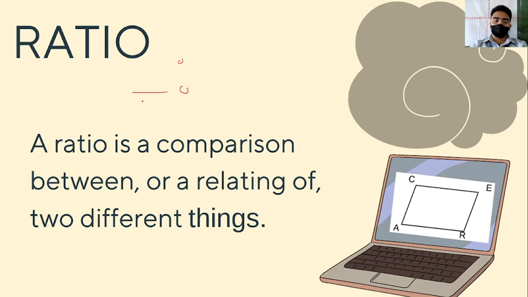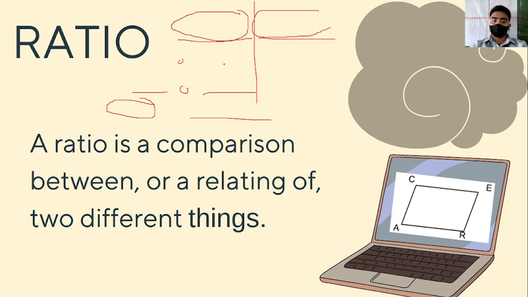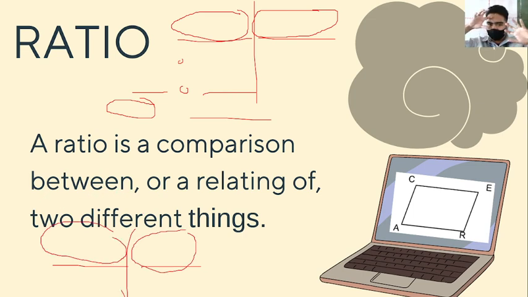Just like for example, a while ago, you have the feather and the rock. You are comparing between the two. You have two quantities: the quantity for the feather, the quantity for the rock. You also have the steel and the feathers. You have the quantity for steel and feathers. You are comparing the two objects.